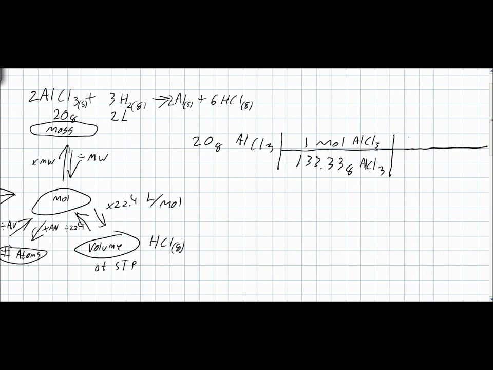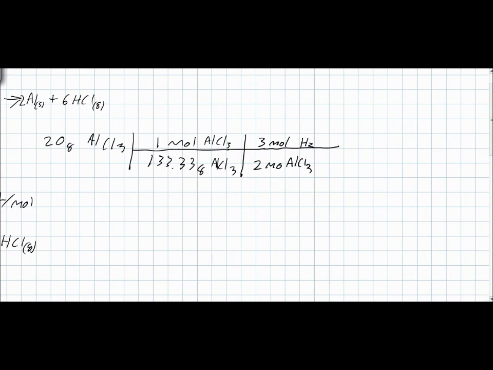So we have 3 moles of H2, and we're dividing by 2 moles of aluminum chloride. And so just to follow what we're doing, aluminum chlorides cancel out, grams of aluminum chloride cancel out. And so now we are in moles of hydrogen gas.